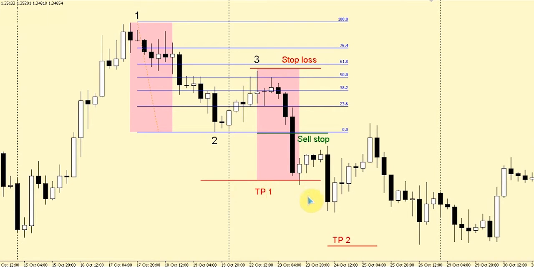but we pull in the opposite direction to get an extension at level 161.8 of this extension.